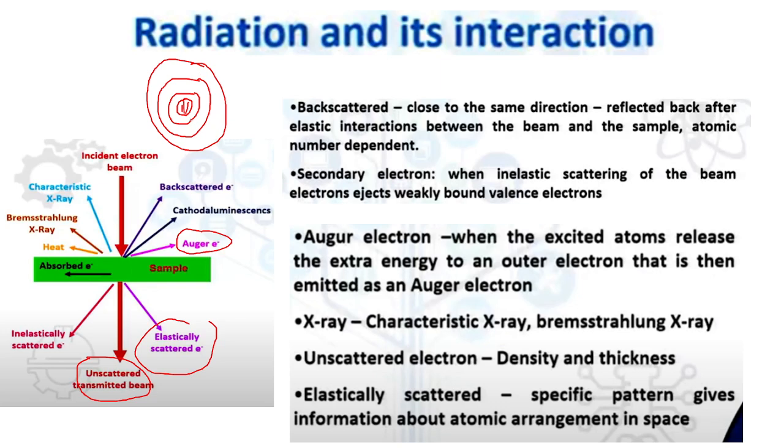There is an electron in the first shell, there is also an electron in the second shell, and also in the third. Now when the incident beam attacks and ejects that electron, now in this shell a vacancy is created.